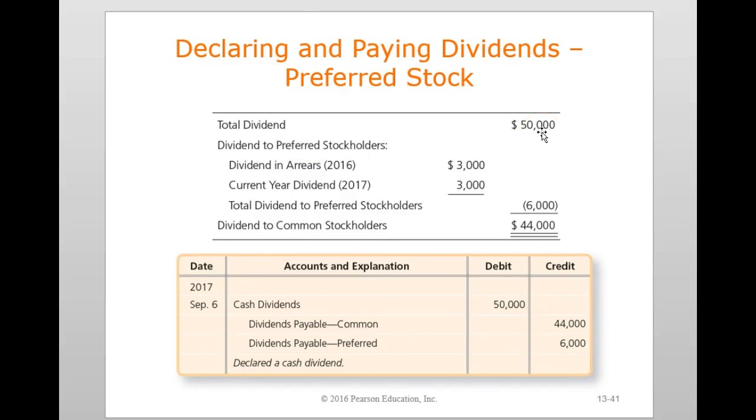Total dividend is $50,000. They're going to pay that 2016 $3,000, and they're going to pay the 2017 $3,000 for a total of $6,000, because this one, whether the dividend happened or not, is owed. So when you get down to the bottom, this is the amount that is left for the common shareholders, and that's what will be distributed among the common stock.